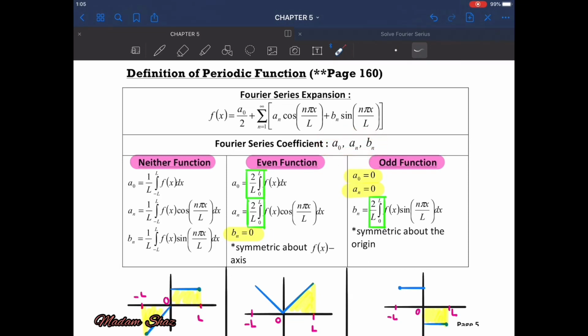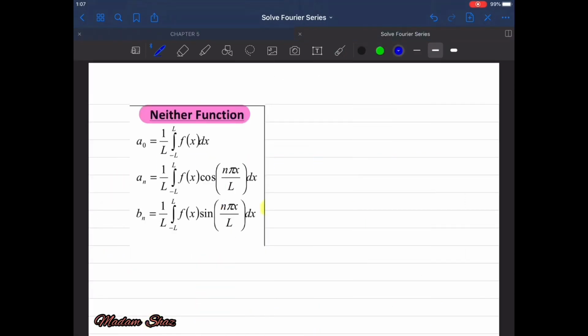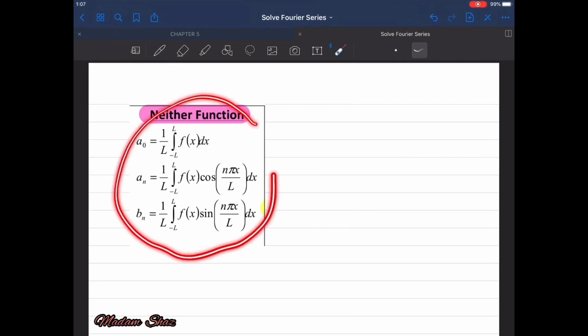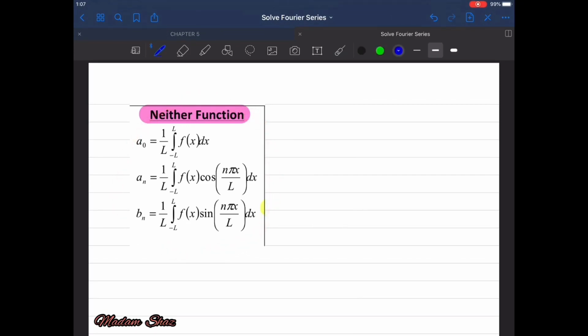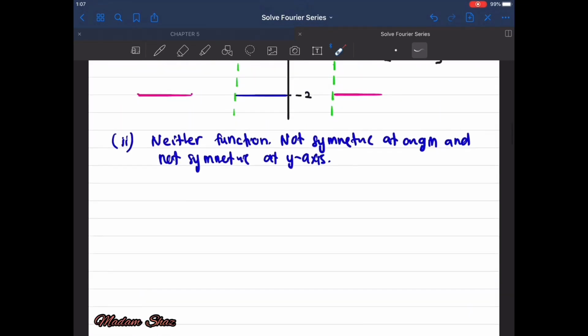Since our graph is a neither function, we will use this formula in order to calculate a0, an, and bn. So we copy down first all of this formula. Before we substitute into this formula, we have to determine the value of L. To determine the value of L, refer back to your question.